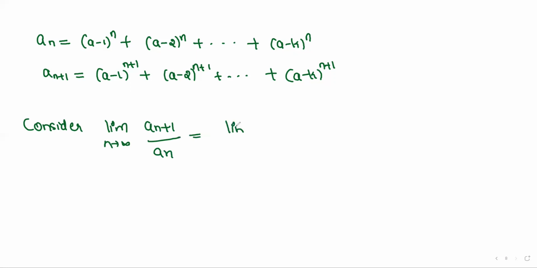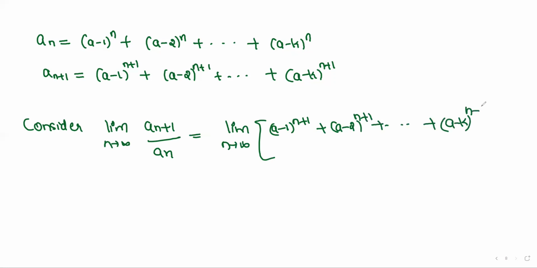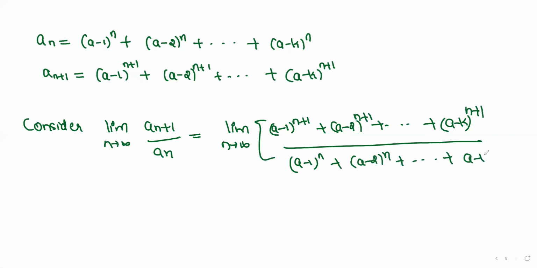This is equal to the limit as n tends to infinity of an plus 1, which is (a minus 1) power n plus 1, (a minus 2) power n plus 1 plus so on (a minus k) power n plus 1, divided by an, which is (a minus 1) power n plus (a minus 2) power n plus so on (a minus k) power n.